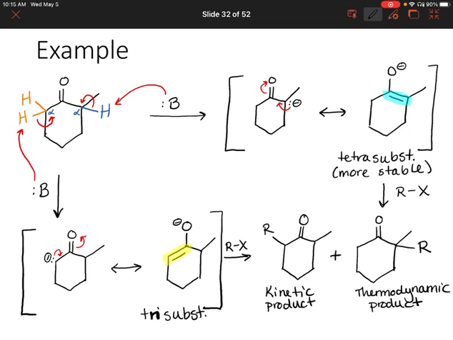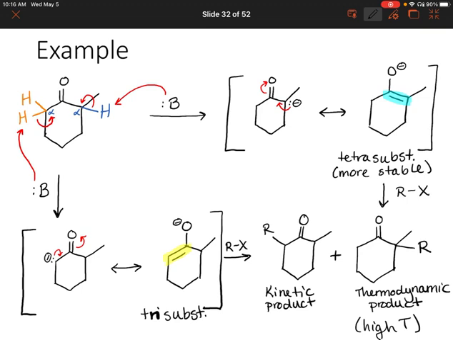So remember, thermodynamic products are more stable, so they're energetically more favorable, but they have a high activation energy, right? So would thermodynamic products be favored at higher temperatures or lower temperatures? Higher temperatures. What about our kinetic product?